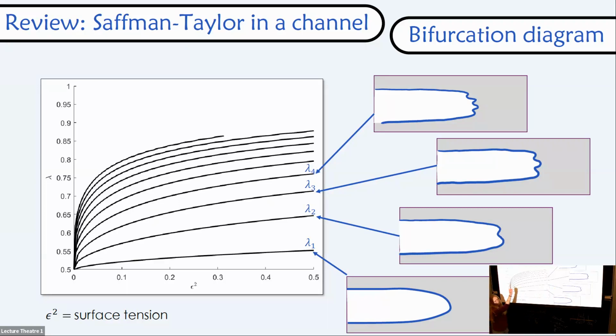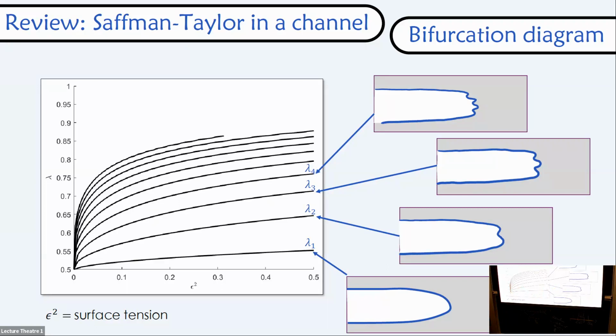And this continues all the way up the chain. The interesting thing is that these small oscillations are actually exponentially small, in the small parameter, epsilon squared. So to produce this picture, we need to use some exponential asymptotics to describe what is happening here.